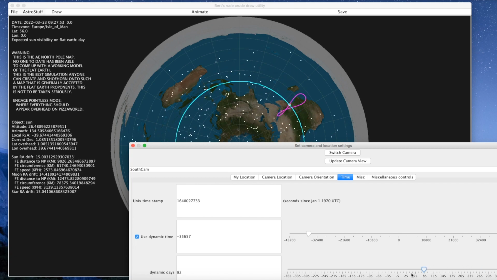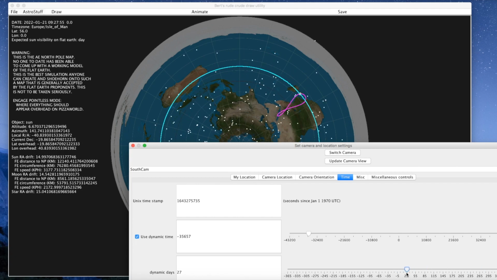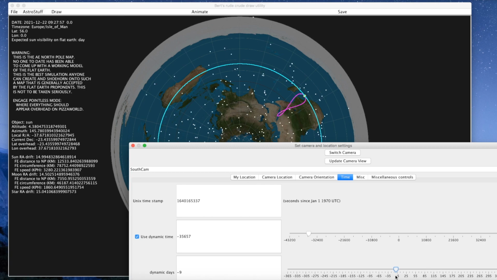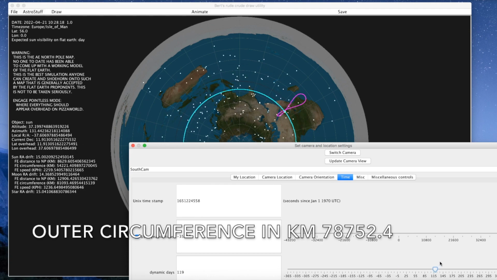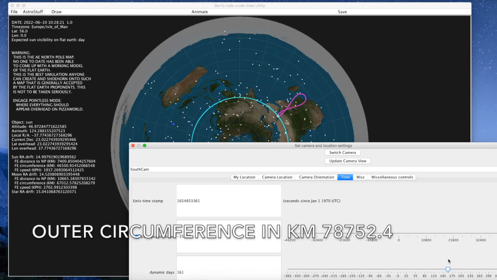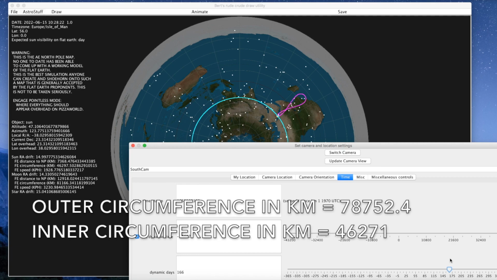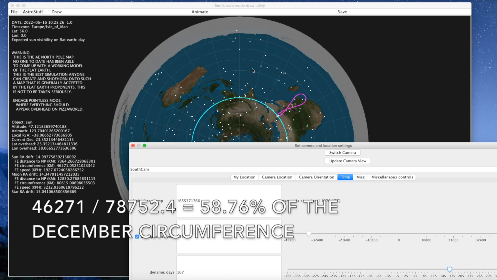So the other thing to consider is that when the sun is over here, the distance that the sun would have to travel if the sun were rotating above the Earth would be 3,280 kilometers per hour. And as it approaches the Tropic of Cancer, the circumference is almost, although not quite, half of what it was in the other tropic, and the speed indicates that it has slowed down proportionally.